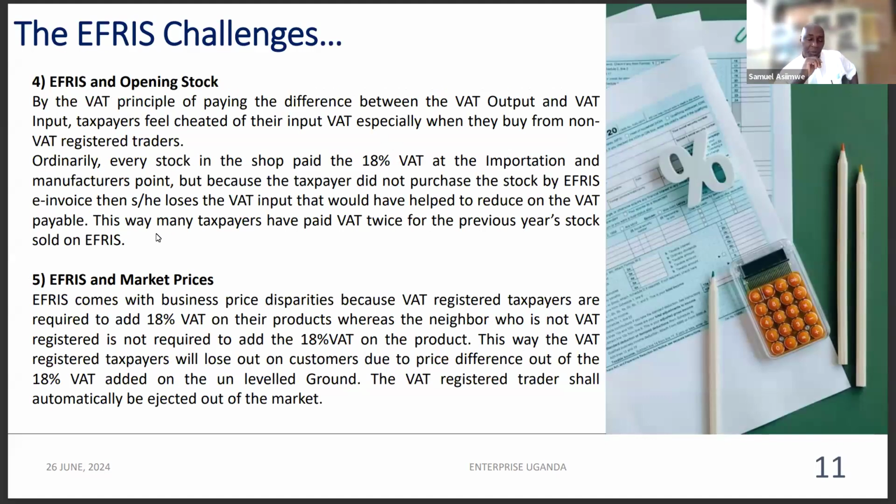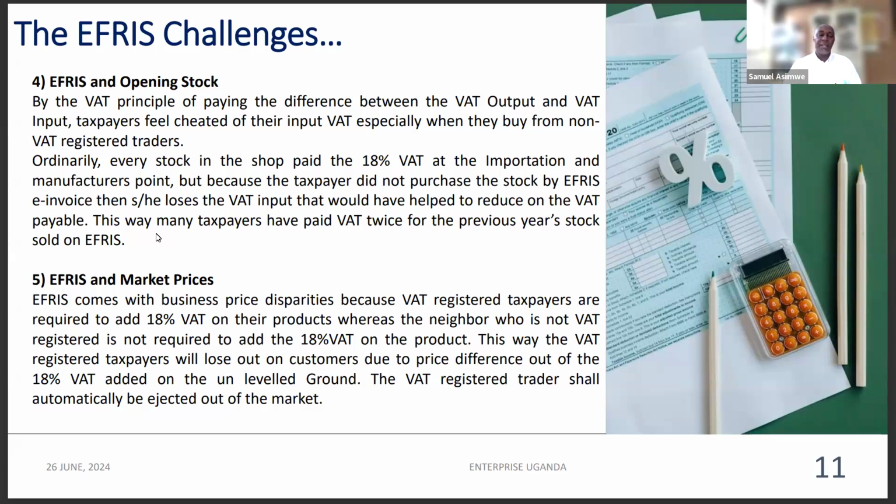Basically, this input-output principle means that for me to claim, to take away the VAT input, I must have gotten an invoice from a VAT registered taxpayer when I got the stock. If I buy from you, who is not VAT registered, you have not charged me VAT, and it's like my purchase does not have any VAT input.